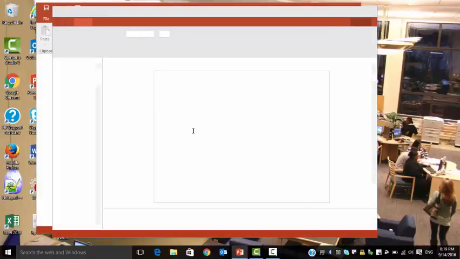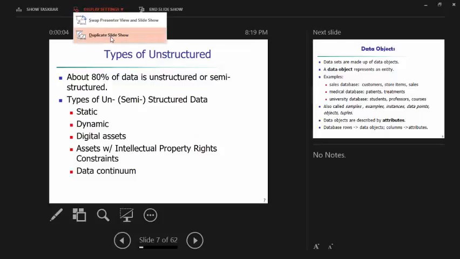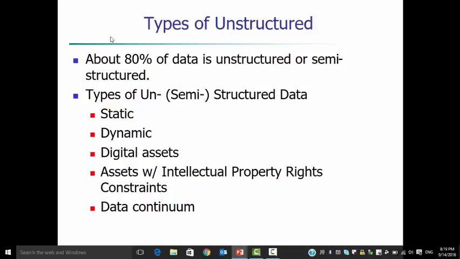So, yeah, a static web page is unstructured. Dynamic, frequently changing, streaming data, they are unstructured.